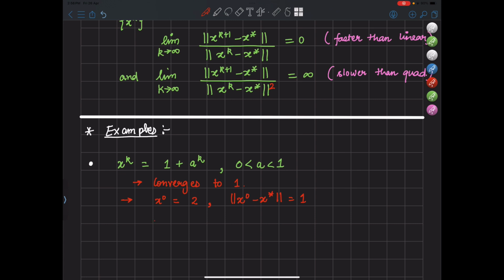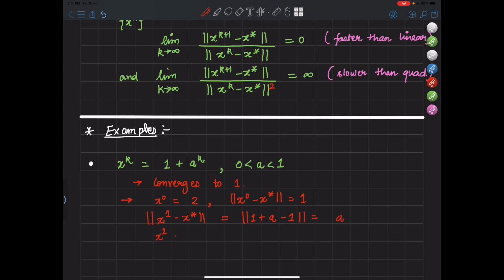Now what can you say about xk minus x star? Let's say, what is x1 minus x star? x1 will be 1 plus a, minus 1, which will be a, right?